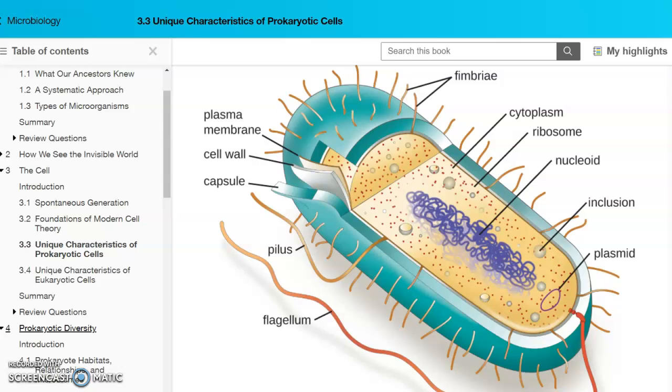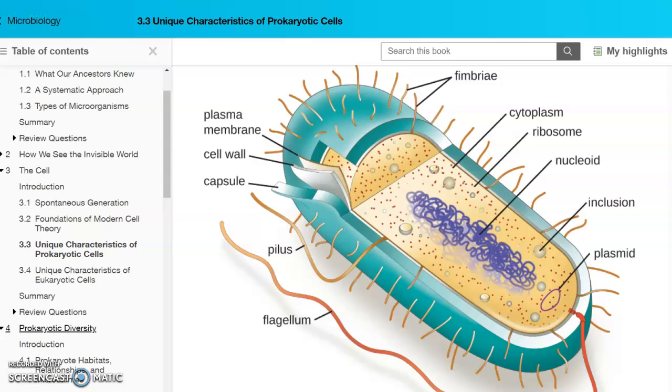In fact, very few bacteria would actually look like this. But we can use this model, this drawing, to help us identify different structures and describe those structures. So when we look at this drawing here, we're going to see several things.